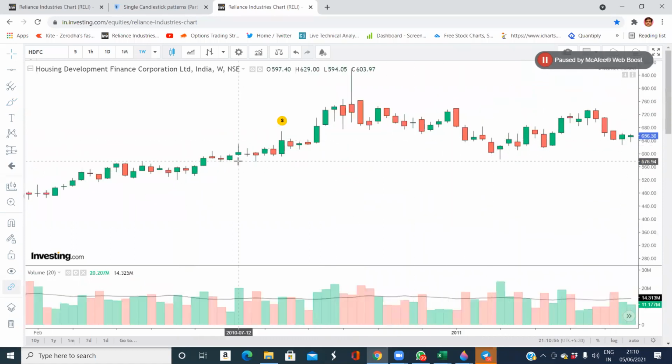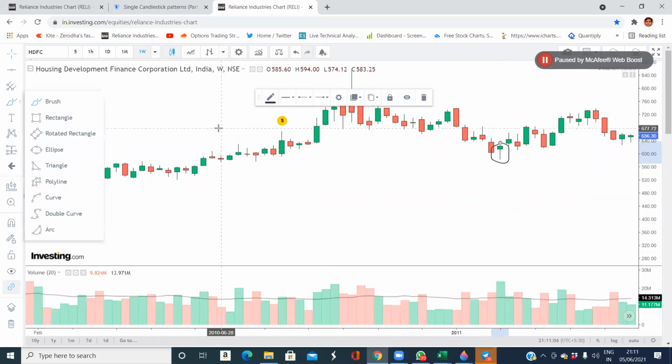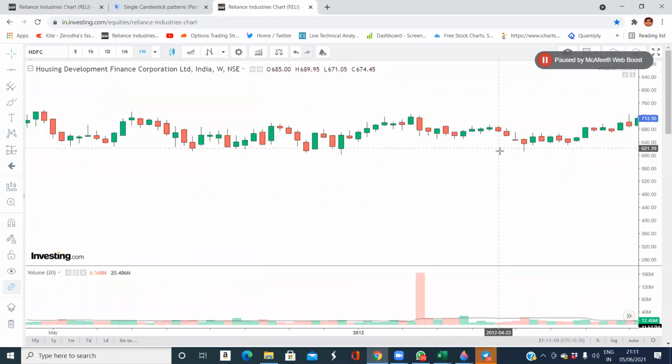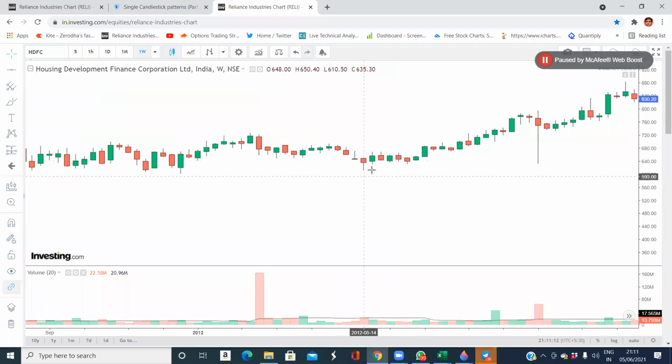This is a hammer. This one. Okay, this one is also a hammer.